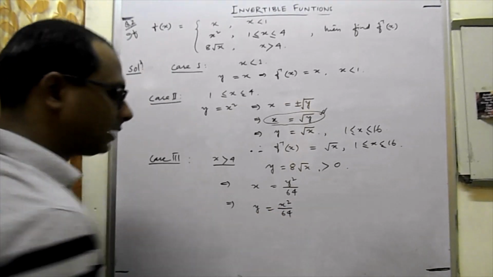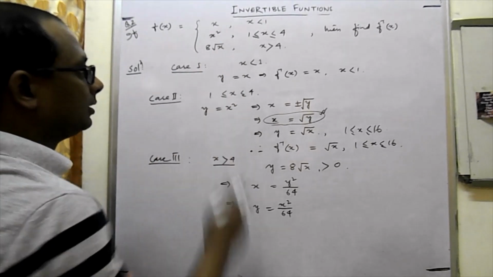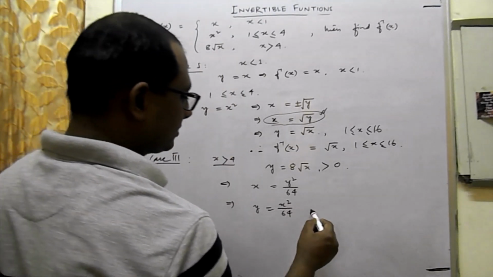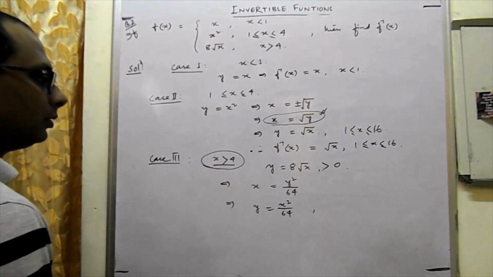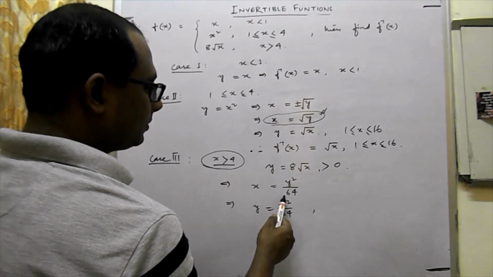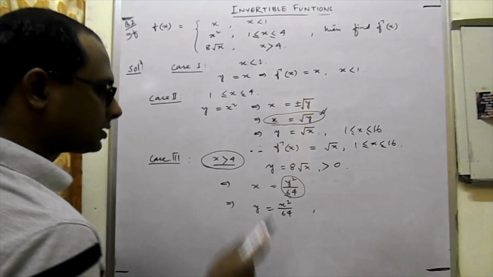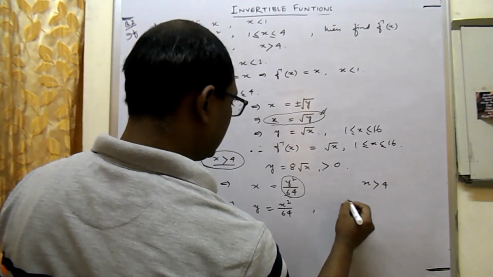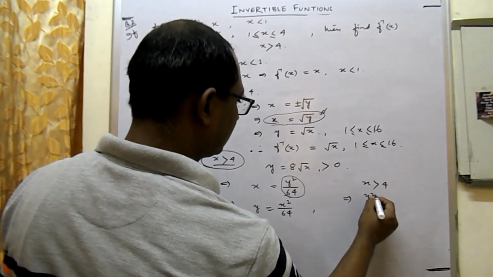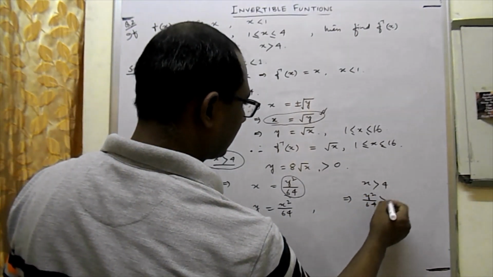So this is the f inverse, but we have to check where the value of x lies, right? So x is greater than 4. Okay, so y squared by 64. Let us check. When x is greater than 4, x equal to y squared by 64 is greater than 4.